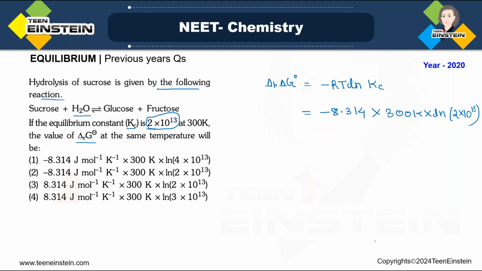They have directly given the expression, but there should be a minus sign. Now in these two equations there is no minus sign, but in the other two there is a minus sign. But look at this value. The Kc value is not like this. It is 2 into 10 to the power 13, that is why the second option is the correct option. So you just have to put all the values, but you have to know this relationship. And this negative sign is also important because in the third and fourth options there are no negatives. Okay.